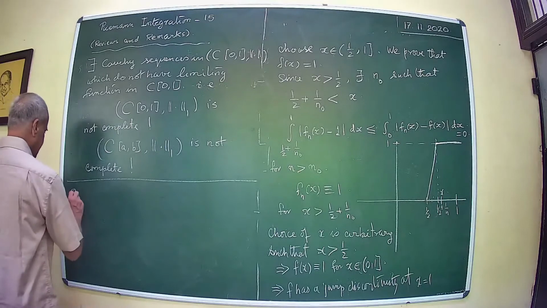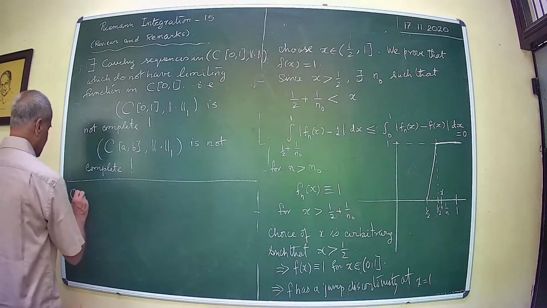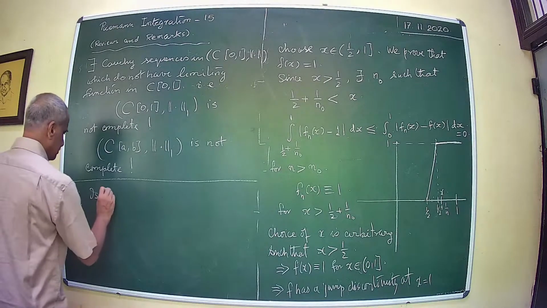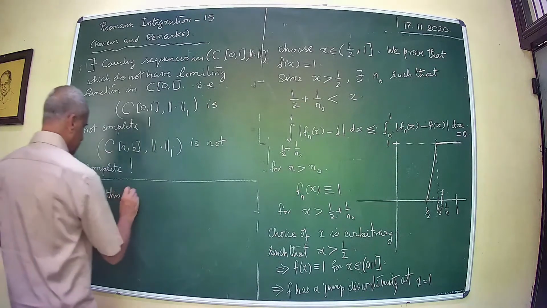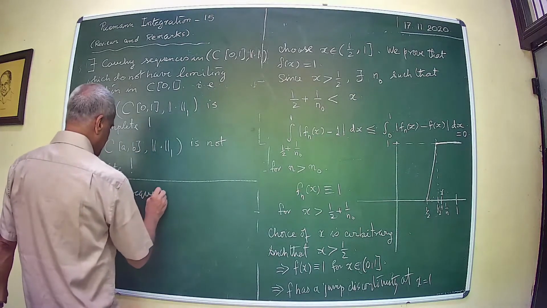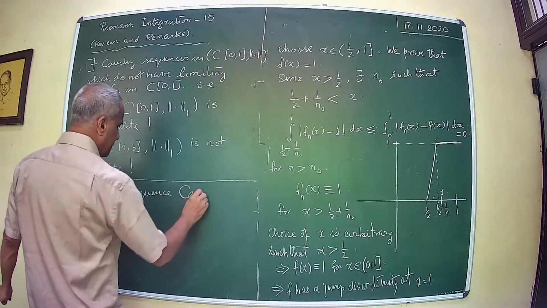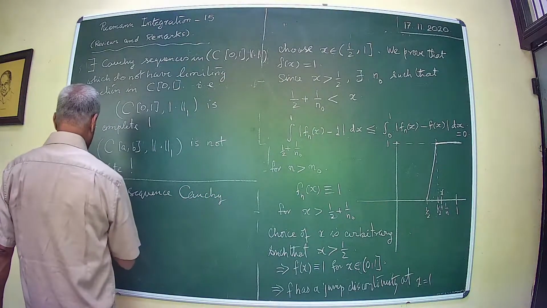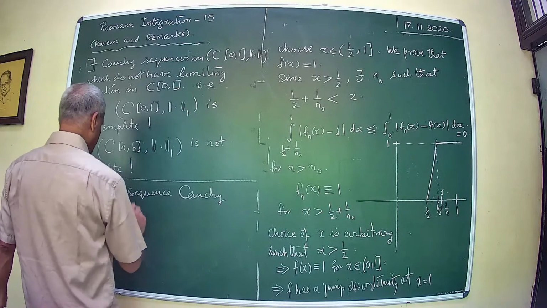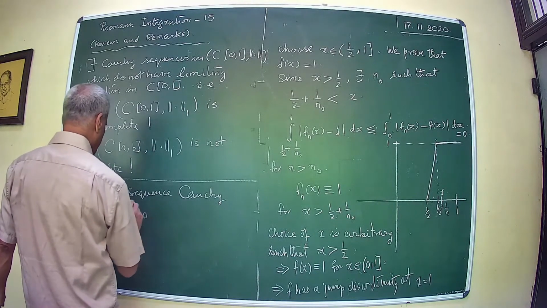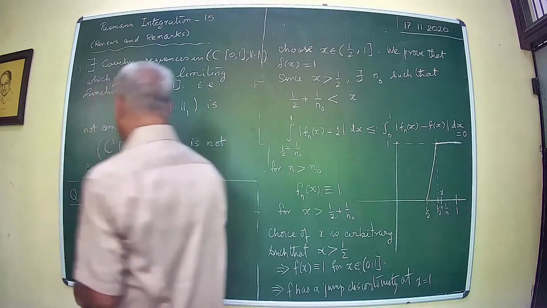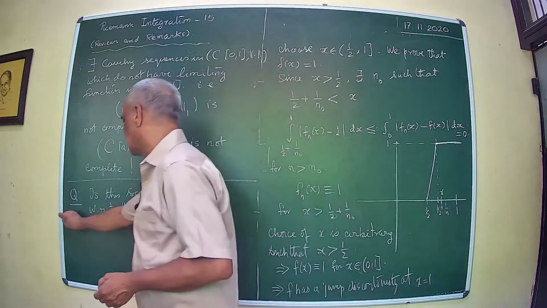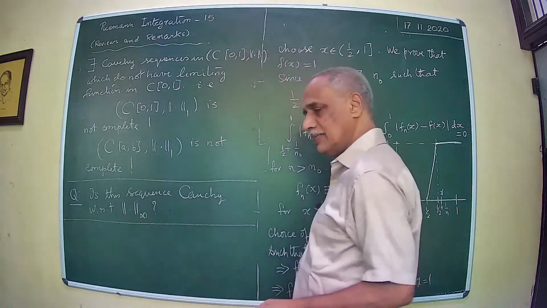Now the question you ask is whether this sequence is Cauchy in the other norm. That's the next question. Let us investigate this.